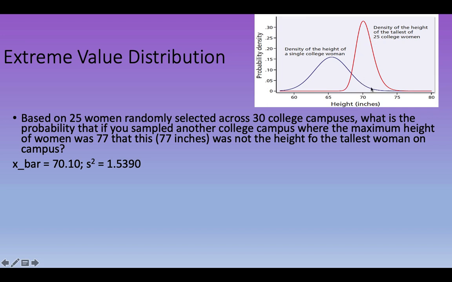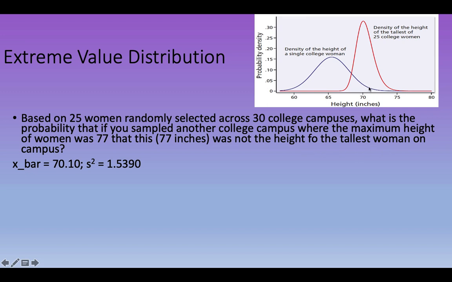So if I sample 1,025 samples, this is the distribution of maximum heights that I get. So it's representative of this tail of this distribution. So I could ask a question and say, based on 25 women randomly selected across 30 college campuses, what is the probability that if you sampled another college campus where the maximum height of a woman was 77, that height was not the height of the tallest woman on campus?